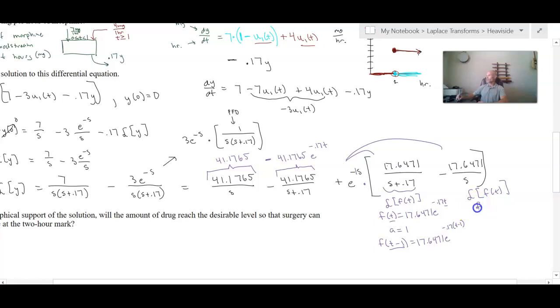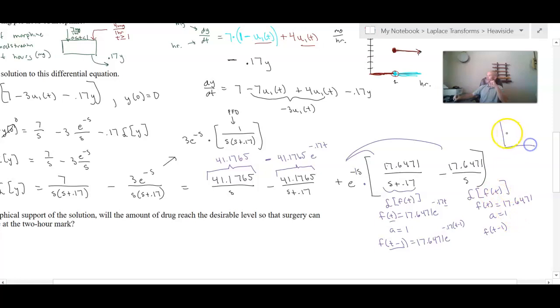Question is, what is that function? Well, this is the Laplace transform of just 17.6471. It's the constant. The inverse of that is a constant. A is still 1, right, because it's still e to the negative as. And now, for a constant, since it's always the same, shifting it to the right isn't going to change it at all, right?